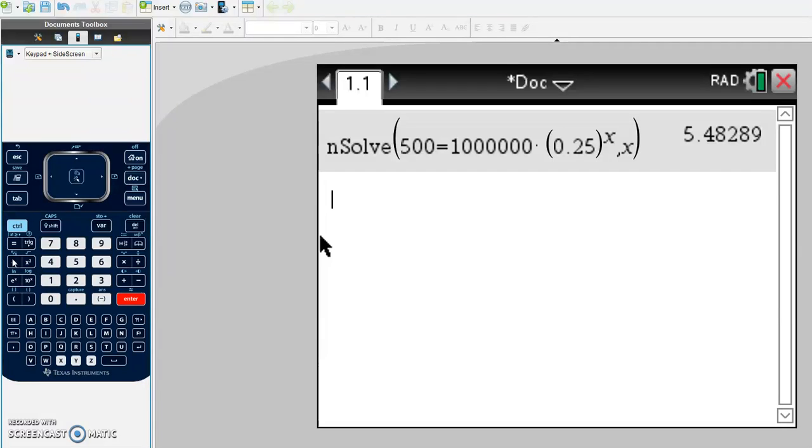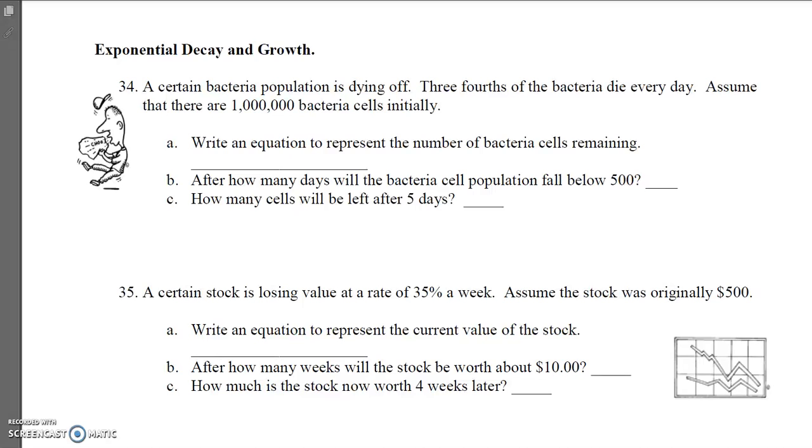And so it's asking how many days. So it looks like 5.48 days, so about 5.5 days. So if we flip it back over to our worksheet, we will write 5.5 days.